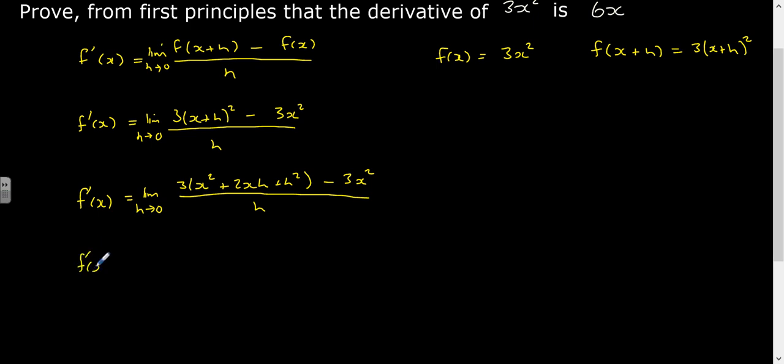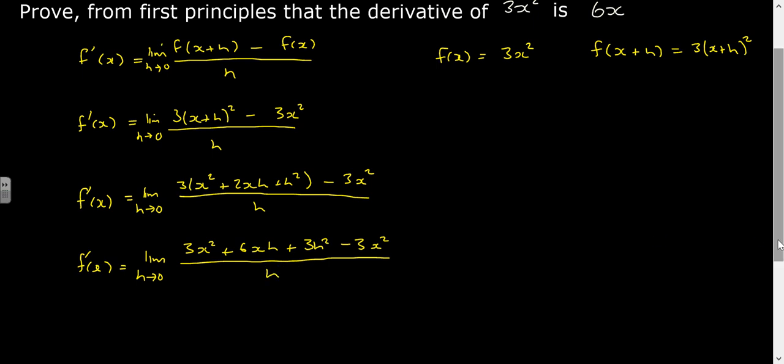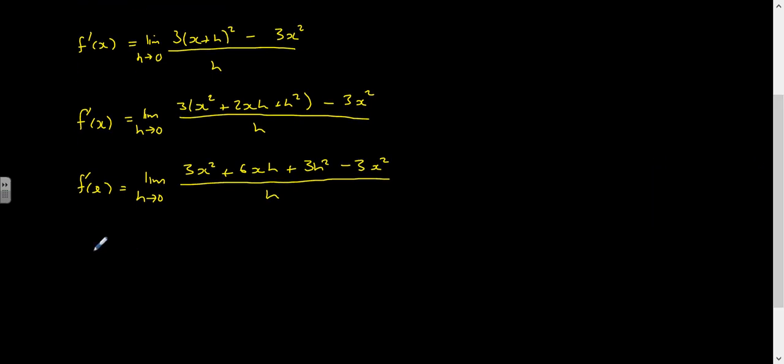So we'll say f dash x is still the limit as h tends to 0. Expand this bracket: 3x squared plus 6xh plus 3h squared minus 3x squared, over h. Now we're going to collect our like terms together and simplify that numerator down.